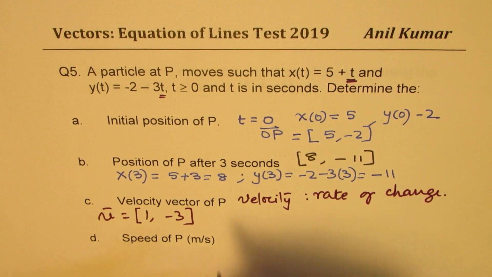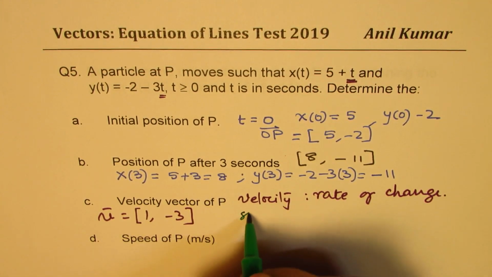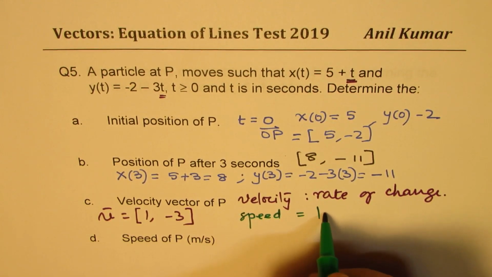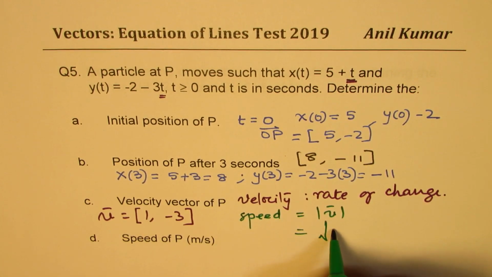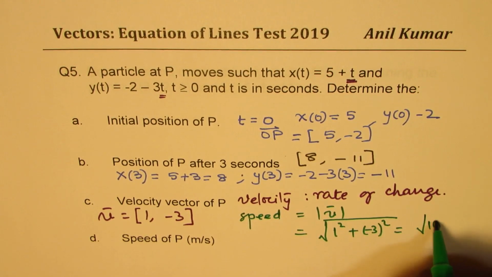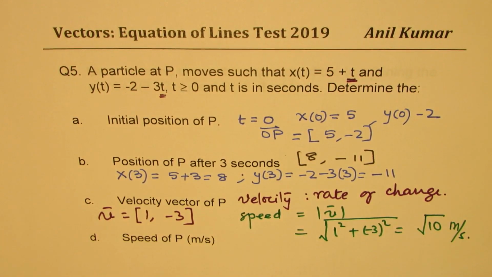What's the speed? Now speed is magnitude, correct? Speed is the magnitude of velocity. So the magnitude here is the square root of 1 squared plus (-3) squared, which is equal to square root of 10. And the units are meters per second. Perfect. So that is how you're going to answer this question. I hope that is absolutely clear.